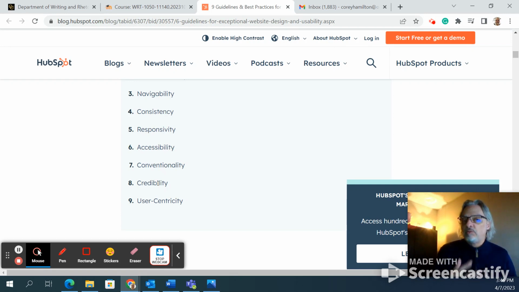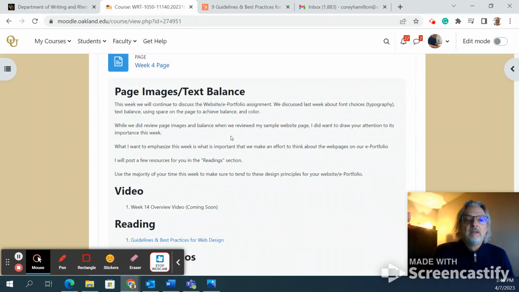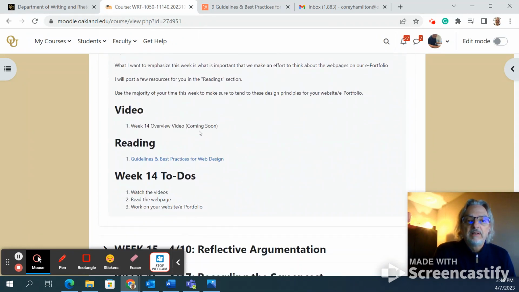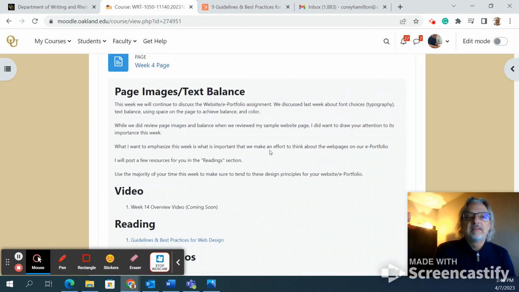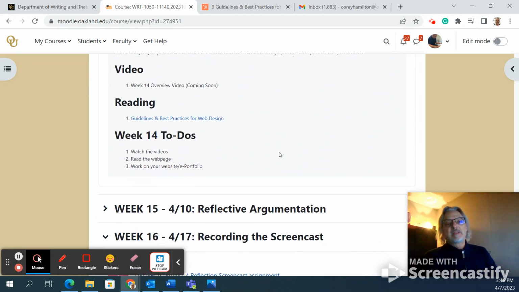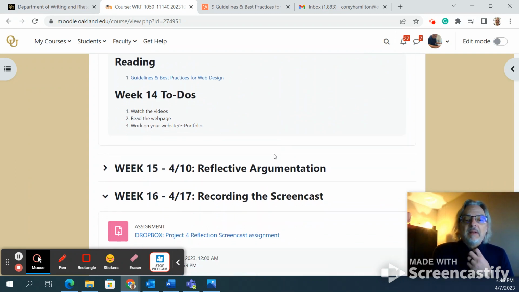All these things lend toward credibility, and that is ideal, especially for any portfolio or website that is selling yourself. So as you wrap those up, just really think about balancing those things out and putting them together. Next week, we'll start talking about reflective argumentation.